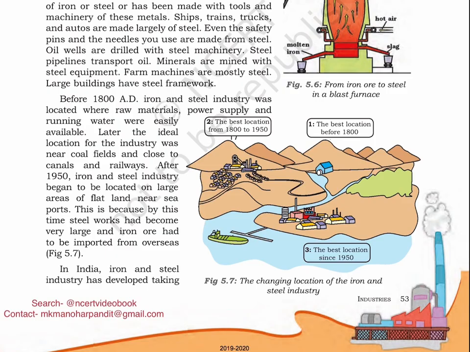This is because by this time, steel works had become very large and iron ore had to be imported from overseas, which is shown in figure 5.7. At the bottom right side, there is figure number 5.7. In this figure, the changing location of the iron and steel industry is given.